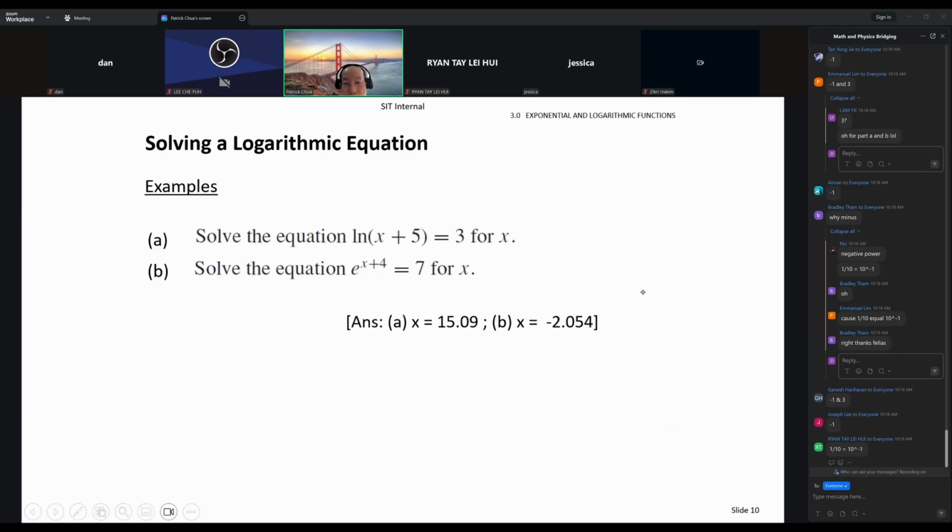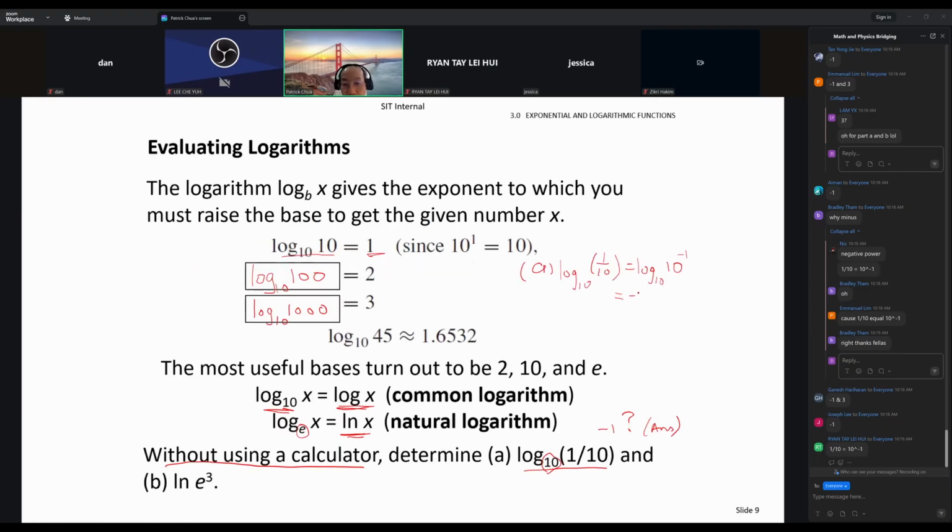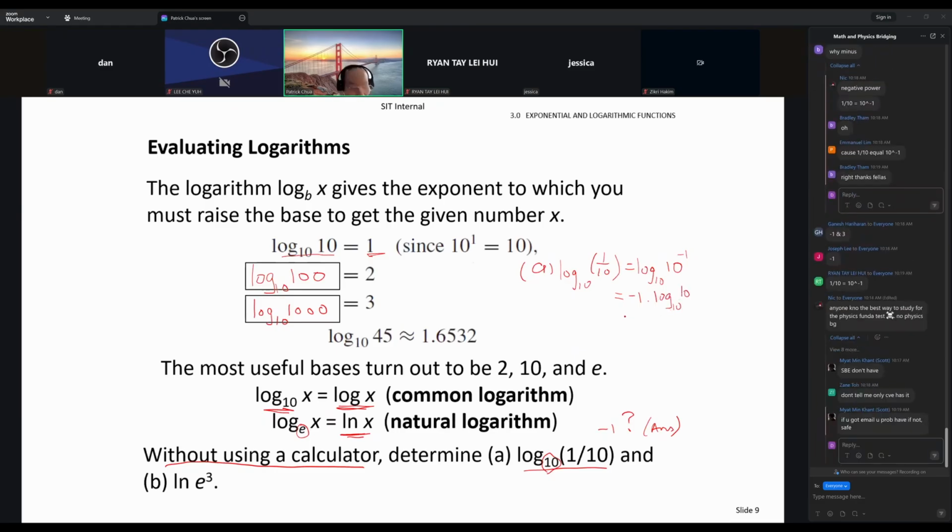So it's -1 times log to base 10 of 10. And log to base 10 of 10 is 1. So -1 times 1 gives -1. That's the answer. Okay, that's good.